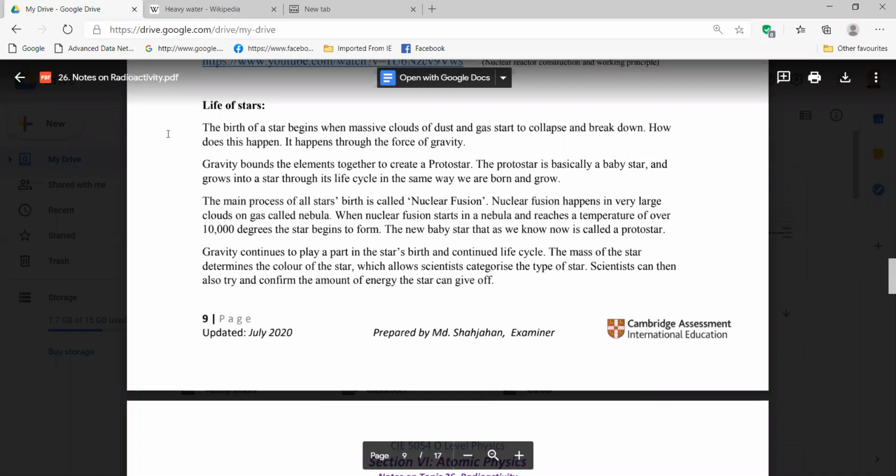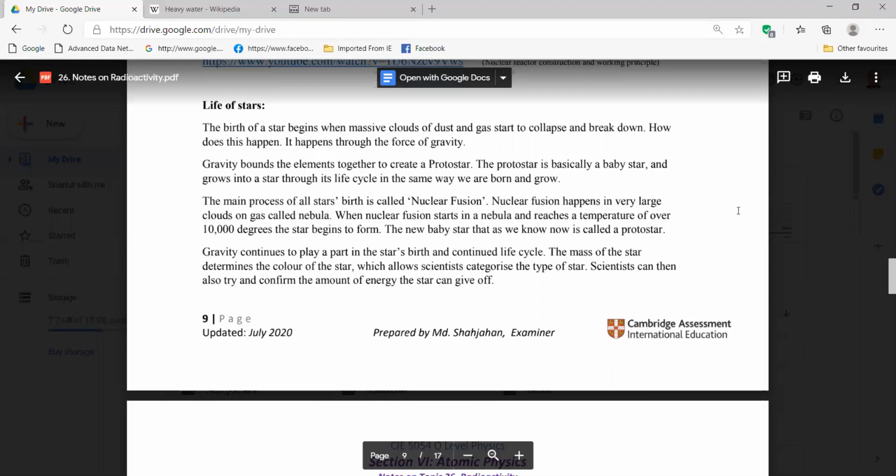The birth of a star begins when massive clouds of dust and gas start to collapse and break down. How does this happen? It happens due to the force of gravity. Gravity bonds the elements together to create a protostar. The protostar is basically a baby star and grows into a star through its life cycle.